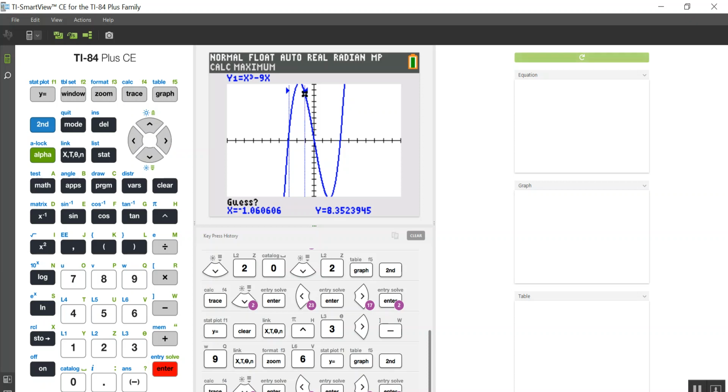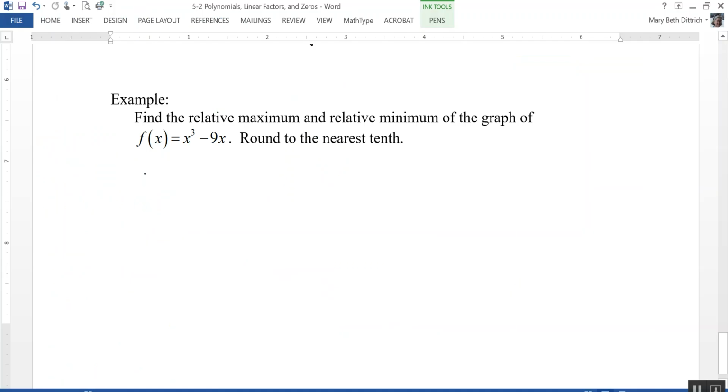And if I hit enter again, it will tell me that the coordinates of that point are approximately negative 1.7, comma 10.4. So remember, your relative max or min is going to be the y value. So I will have a relative max at y is approximately equal to 10.4.